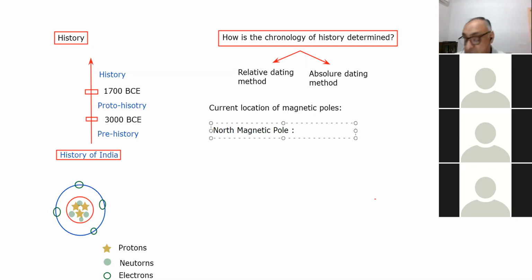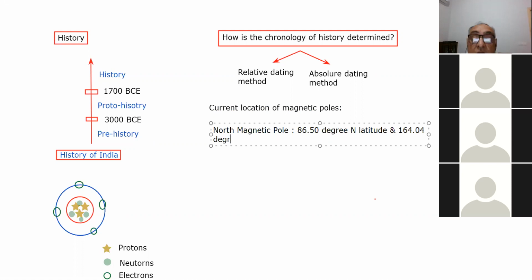The current location is 86.50 degree north latitude and 164.04 degree east longitude. ये आपको बताएंगे, जो नए बच्चे हैं उनको नहीं मालूम इसका longitude latitude का, ये मैं आपको फिर बताऊंगा.